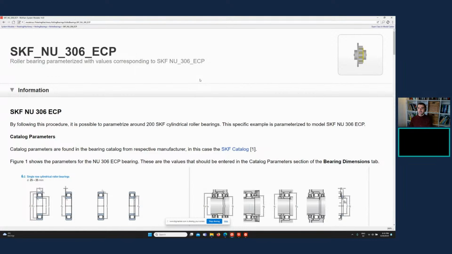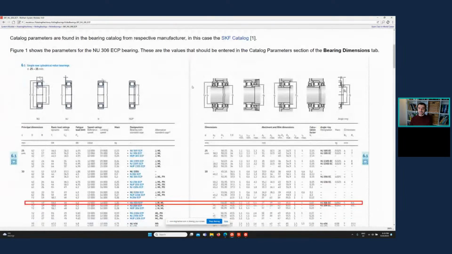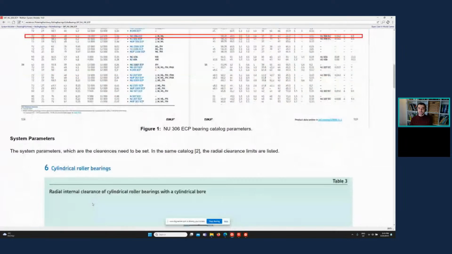So you ask for SKF, and here, if you have a specific bearing, let's say any model, you can name it. For instance, the one marked with red. You can read the corresponding parameters here and go to the model.